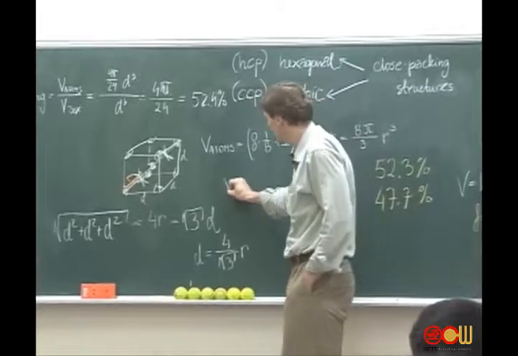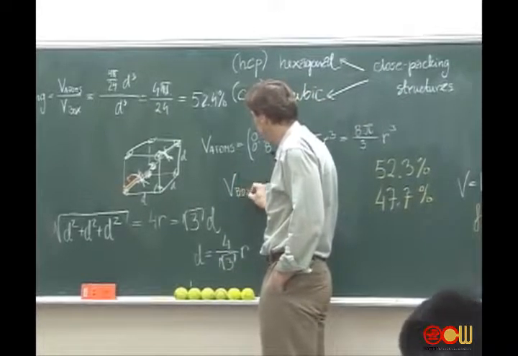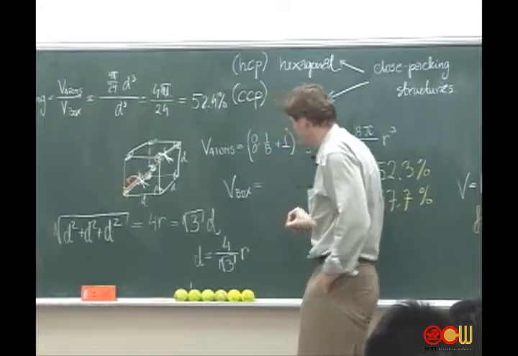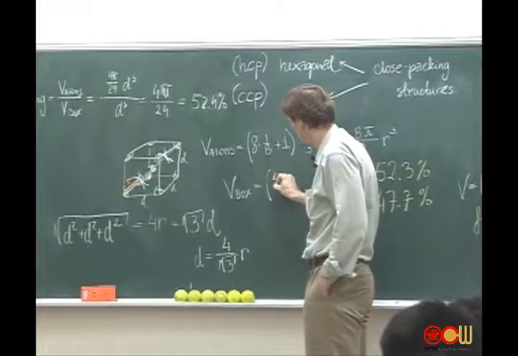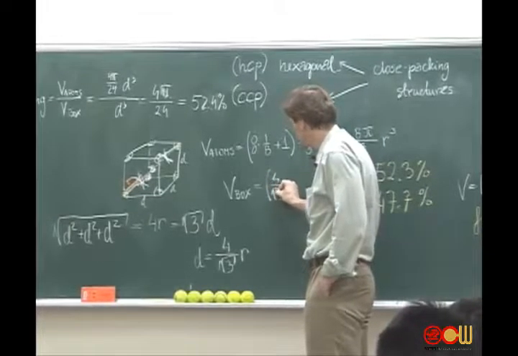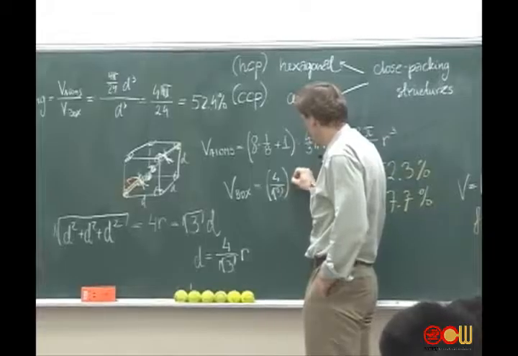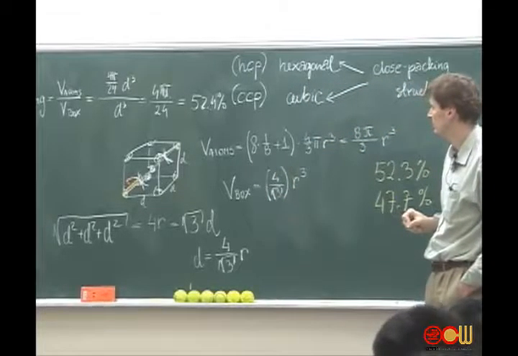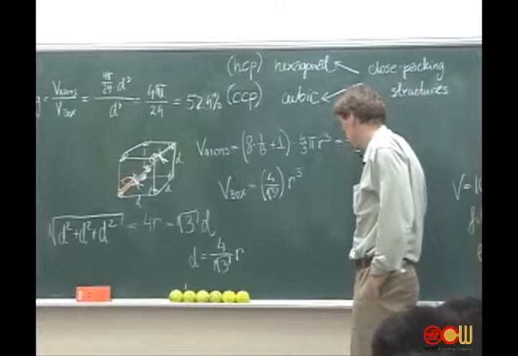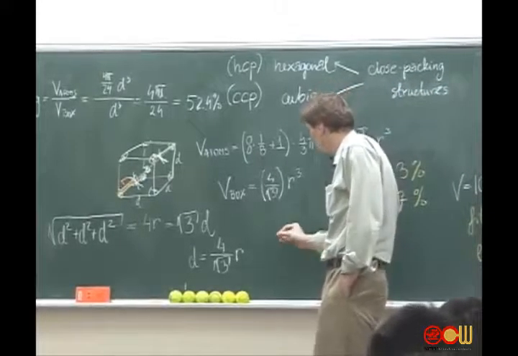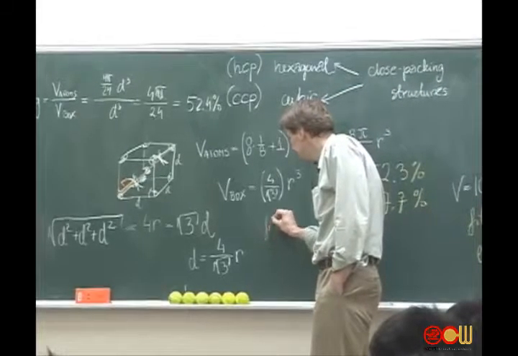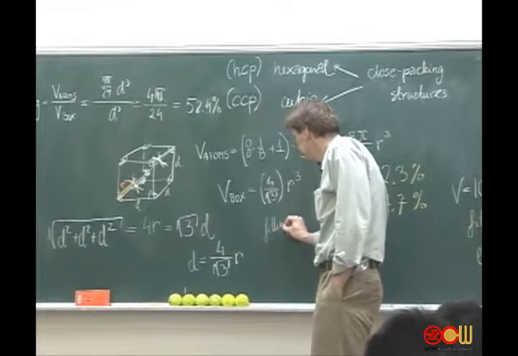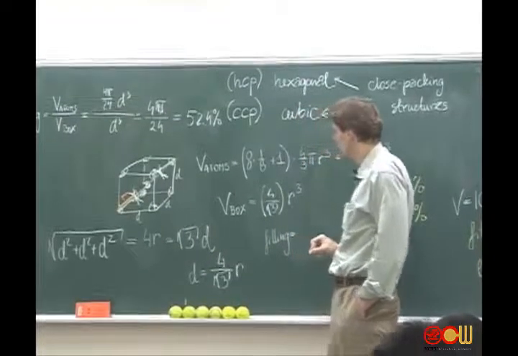So now I can calculate the V box, being equal to 4 over square root of 3 r to the third, cubed. And I'm finding the filling in this case.